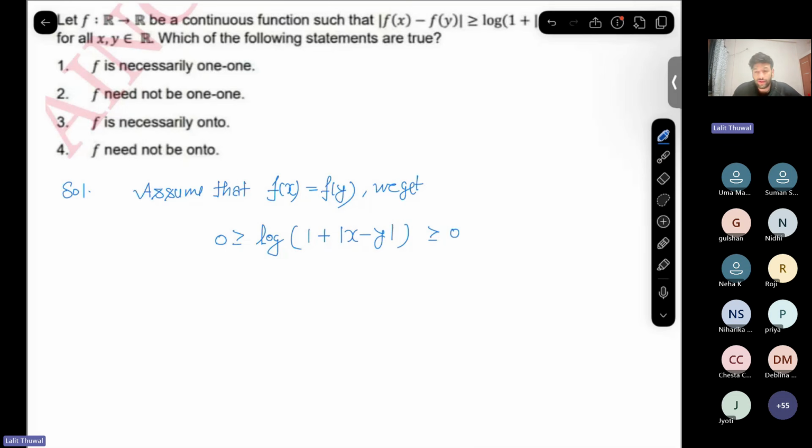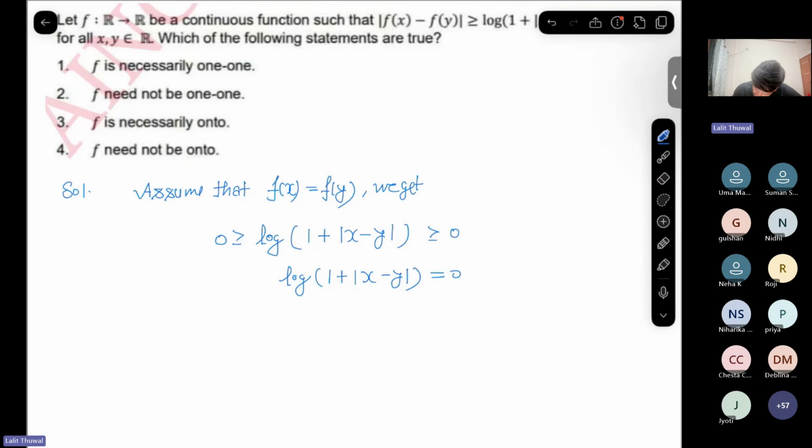So then what can we say? This must be equal to 0, right? If it is 0, then this value must be 0 because log is a 1-1 function. Everyone knows that.